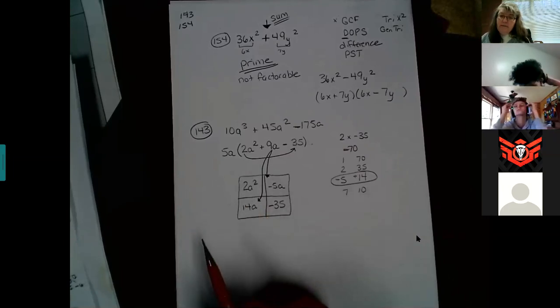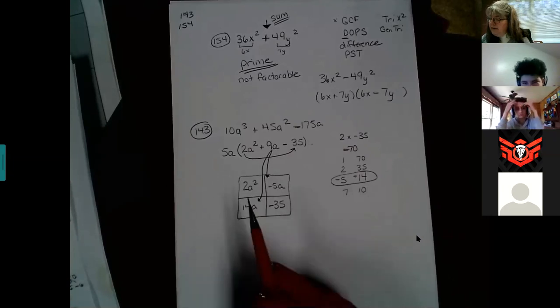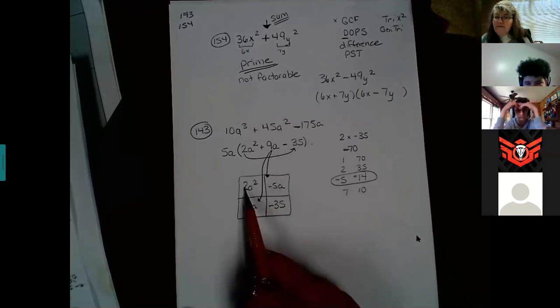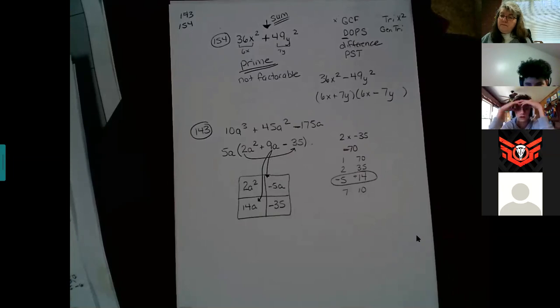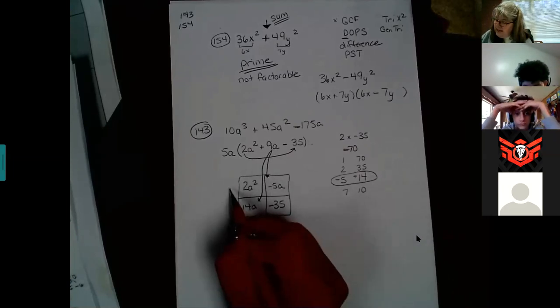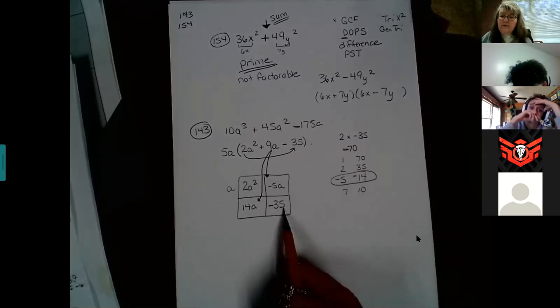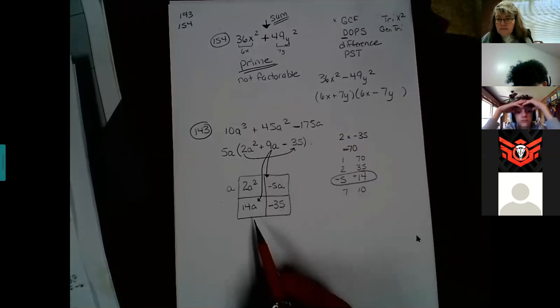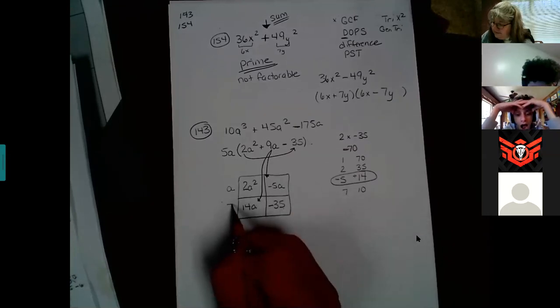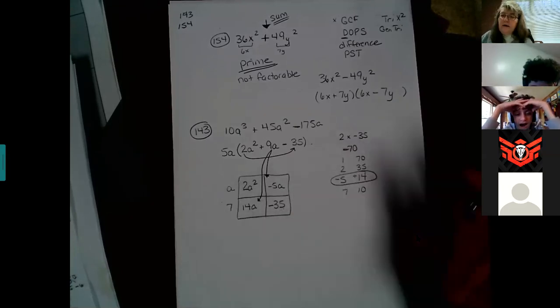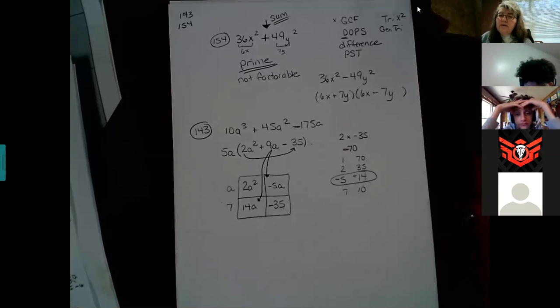And I'm going to call on people. So unmute and tell me. So Grayson, what's the GCF of these two? Just an A. All right. Derek, what's the GCF of these two? A 7. All right. Let me turn the chat back on so I can see it.